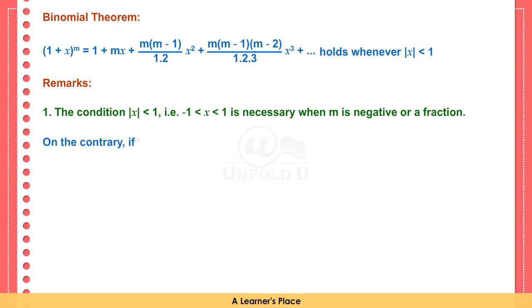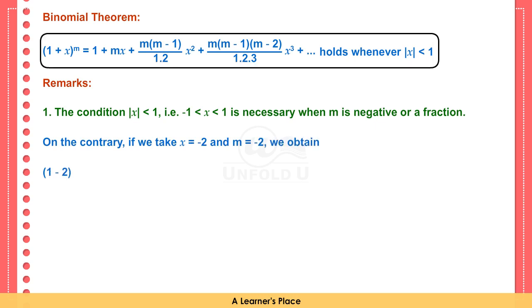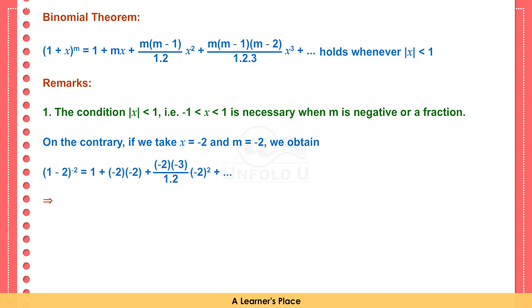On the contrary, if we take x equal to minus 2 and m equal to minus 2, we obtain (1 minus 2) raised to the power minus 2, which implies (minus 1) raised to the power minus 2 is equal to 1 plus 4 plus 12 plus so on, implying 1 is equal to 1 plus 4 plus 12 plus so on, which is not possible.